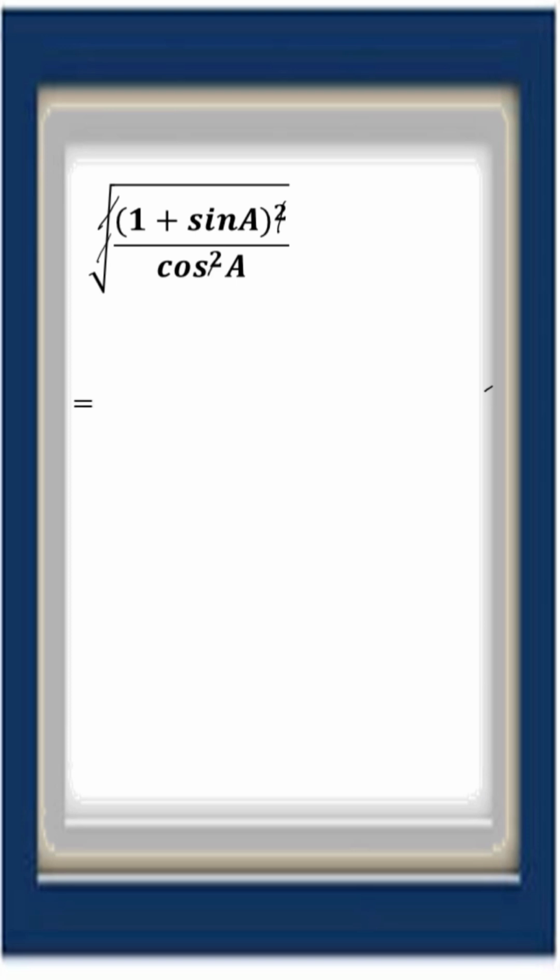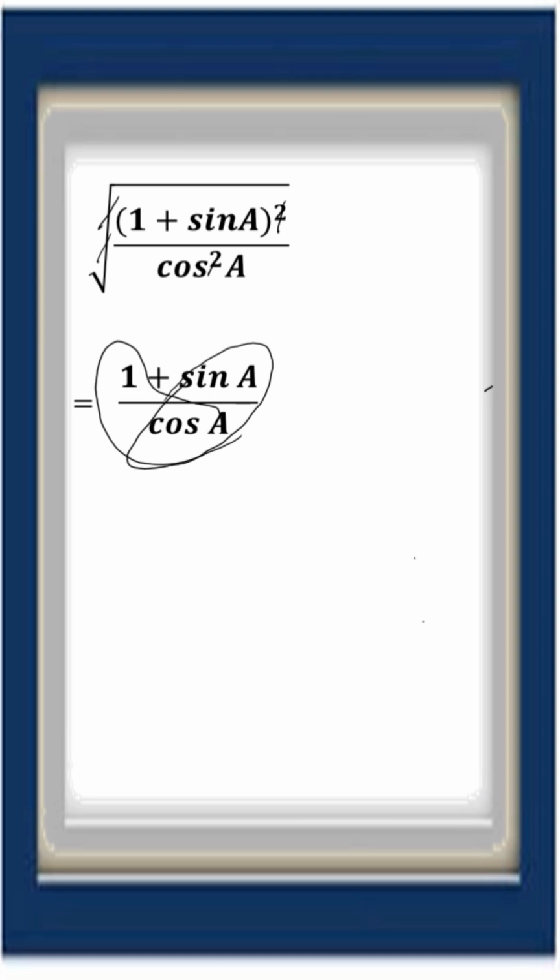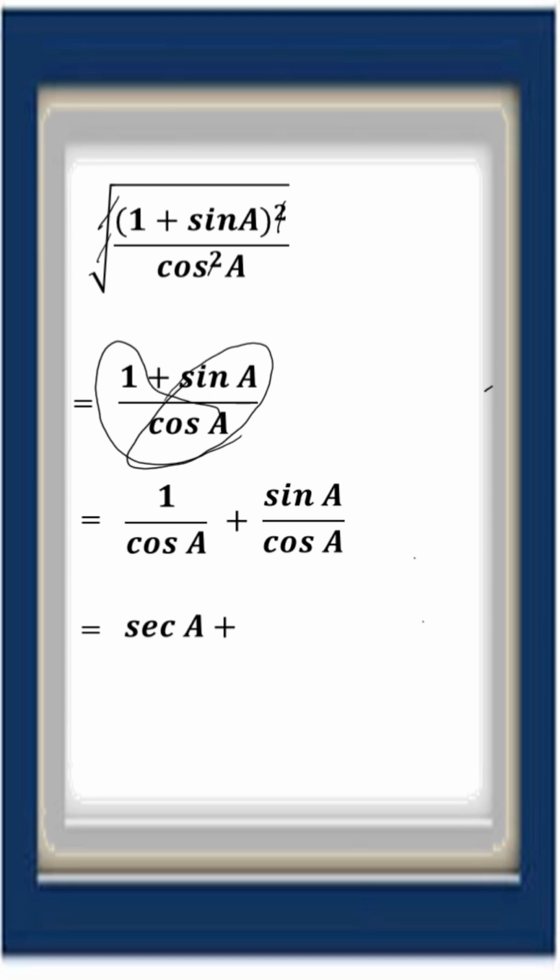So now we have what? 1 plus sin A upon cos A. Now we can separate like this: 1 by cos A plus sin A by cos A. What is 1 by cos A? It is the reciprocal ratio of what? Secant A. So that is equal to secant A plus, what is sin A by cos A? This is tan A. So now we have secant A plus tan A, which is equal to RHS, hence proved.